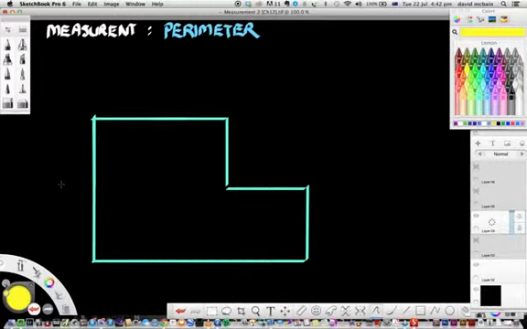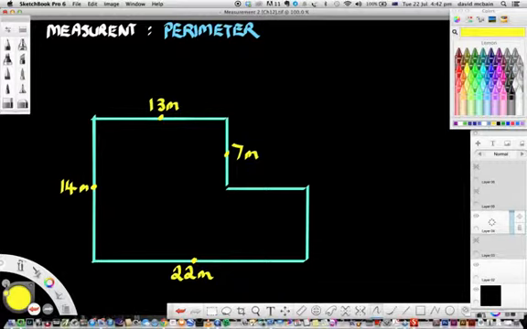This is 14 meters, this is 13 meters, this is 22 meters, and this side here is 7 meters. So we know this side, and we know this side, and we know this side, and we know this side.